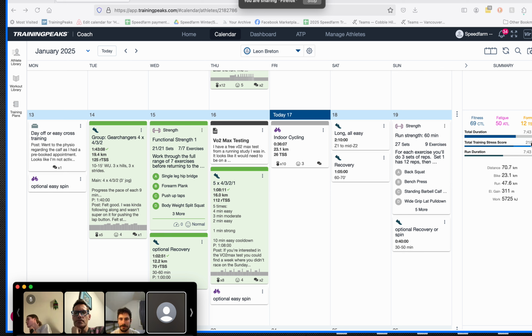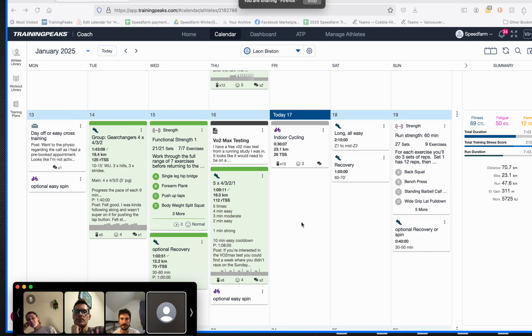So ignore the planned TSS. But to answer your question, yes, that's a fantastic way that you'll be able to swap things out once you get a sense of what's what.